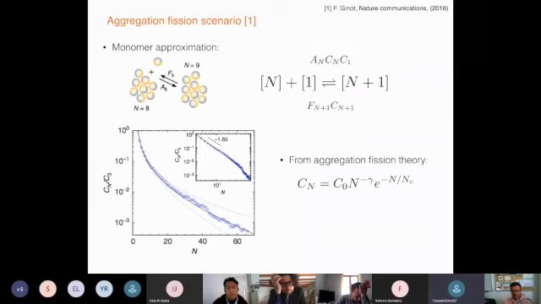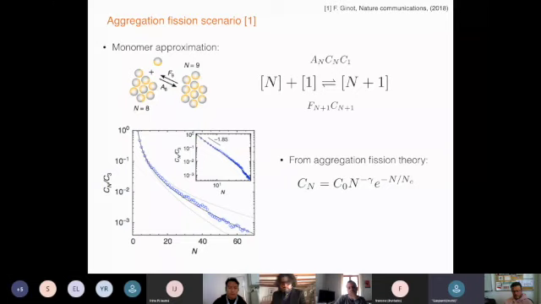So how can we understand it? Experiments on aggregation and clusters have already been performed. For example, if we look at the results of Junot and Cécile Cotin-Bison, in their experiment they consider Janus particles, and those particles aggregate and form clusters. In the figure you can see their experimental results in blue, and the solid black line is the fit.